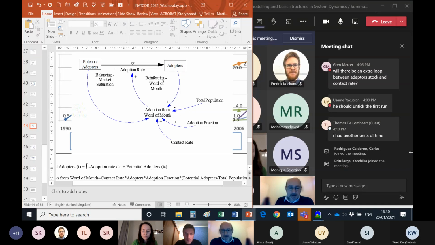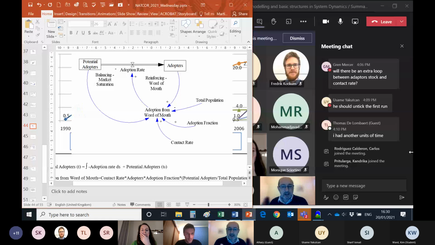So you see that as we develop the model, we usually start with the most simple model that we can think about the problem, and then we add structures as we understand more about the model, more about how it behaves.